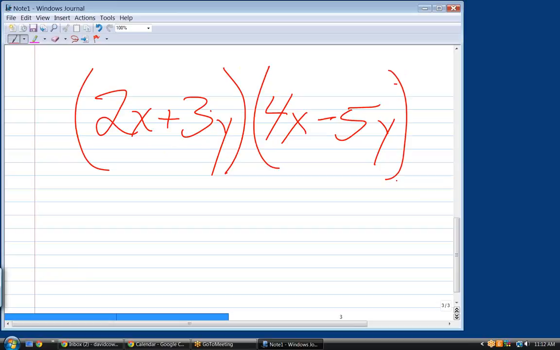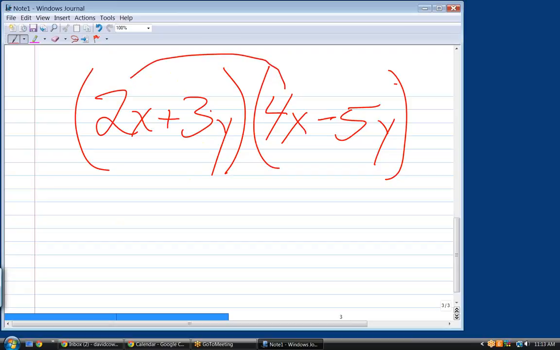So let's multiply these together. What's the first? I'm going to write the answer down below here because I don't have much room to go horizontally. Well, what's the result of that times that? Let's start there.